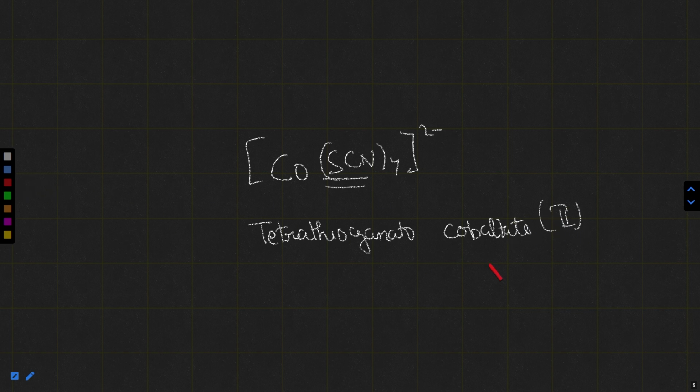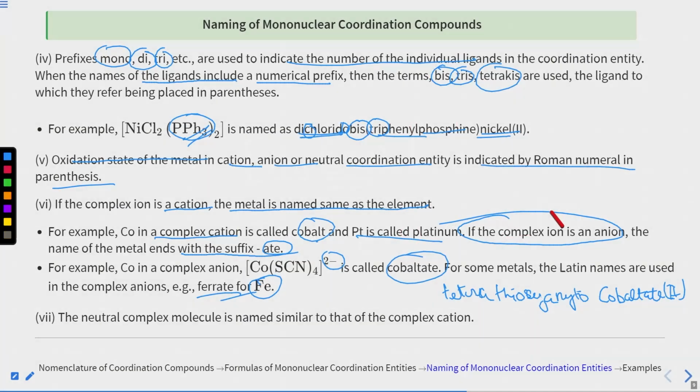Each of these things should be mentioned. O for negatively charged ligand, ate since the complex is overall negatively charged, and 2 is the oxidation state. Clear? Next, the neutral complex is named similar to that of the complex cation.